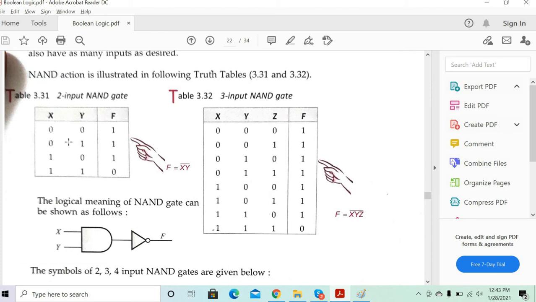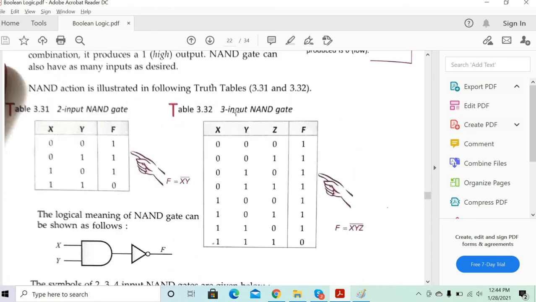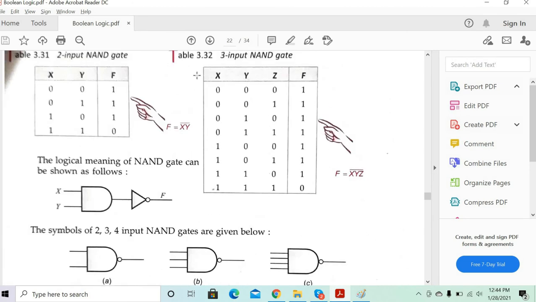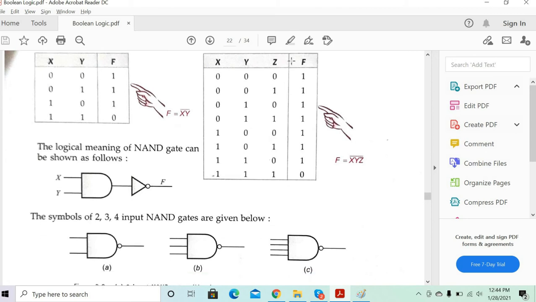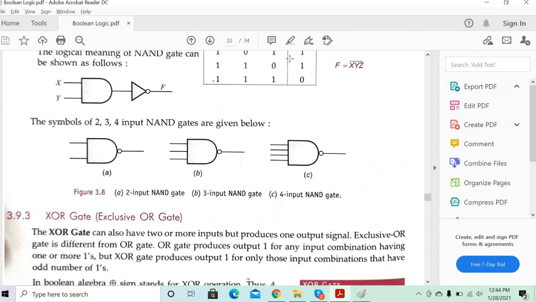Any questions, any doubts? Similarly, you can have 3 inputs also, the 3-input NAND gate. Same thing: with XYZ as 3 inputs, you first make the AND combination and then complement it, because we need to invert the output. Got it, no?